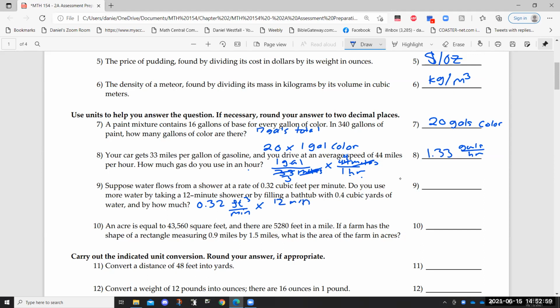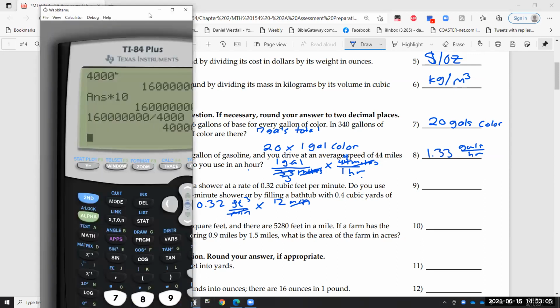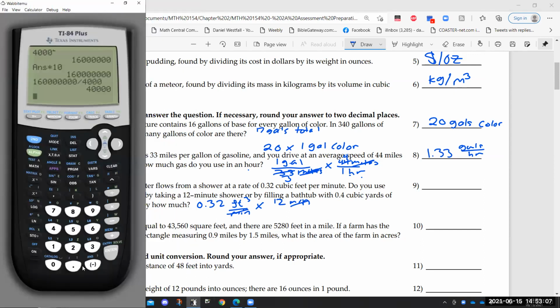That's going to give me 12 times 0.32. It's going to give me 3.84 cubic feet of water.